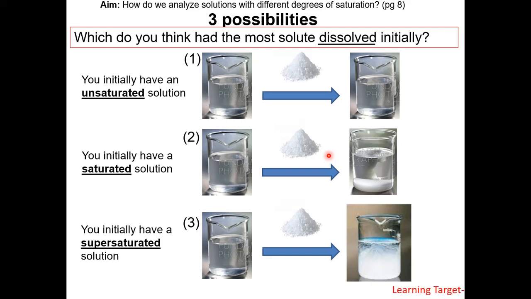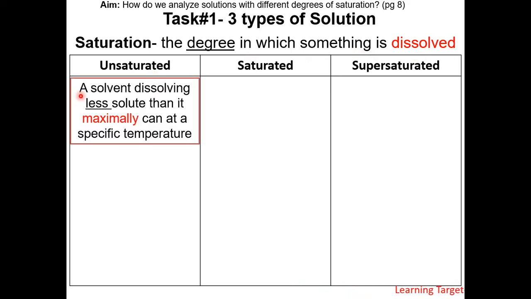three types of solutions. There are three types of solution in terms of saturation: unsaturated, saturated, and supersaturated. Saturation is defined as the degree to which something is dissolved. Let's start with unsaturated. In an unsaturated solution, the solvent is dissolving less solute than it maximally can at a specific temperature.